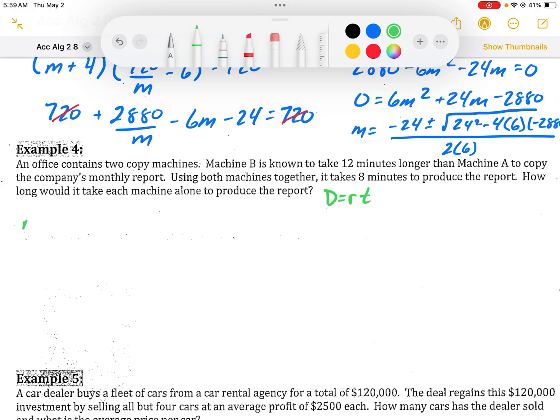So now we have machine A, machine B, and then I'll write together.